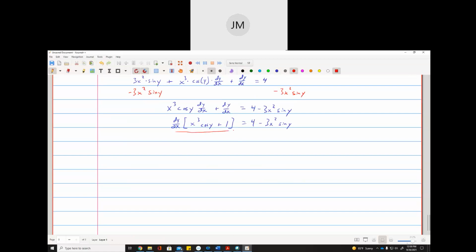So if I divide by all of this extra stuff, x cubed cosine y plus 1 on both sides, then what I'm left with is dy dx equals 4 minus 3x squared sine y over x cubed cosine y plus 1. Okay. So that's the process of implicit differentiation.